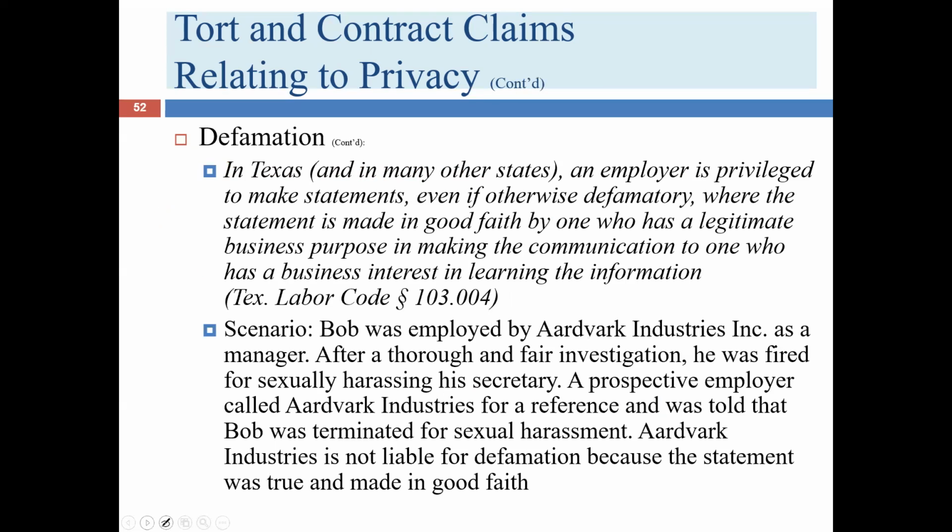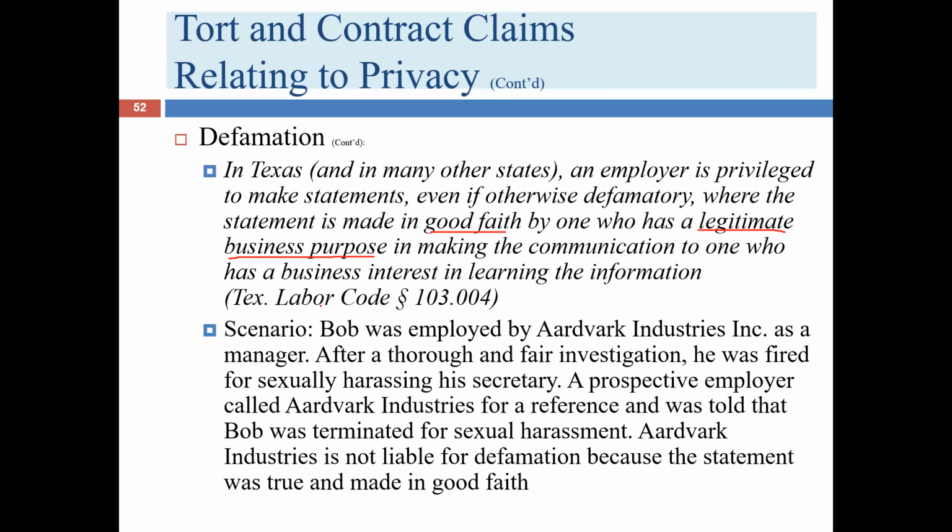So, in Texas and also many other states, I would say probably most states, an employer has a privilege with respect to making statements, even if they would otherwise be defamatory, where the statement is made in good faith by one who has a legitimate business reason to communicate to another about that information.